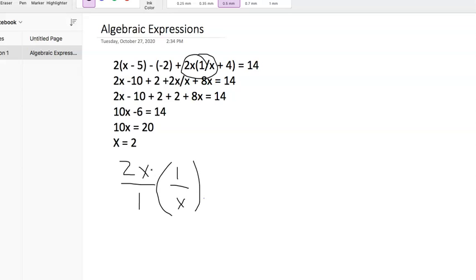Okay, so then as you're multiplying these out, 2x times 1 equals 2x. 1 times x, right here, yeah? 1 times x. It's just x, or 1x. Okay, so then we had 2x over x, which is what we put in right here, yeah?